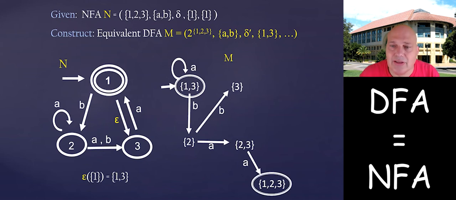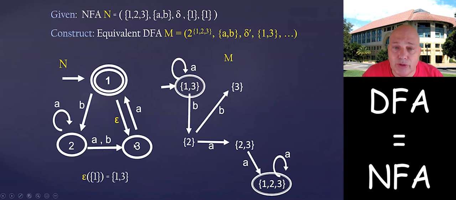Okay. What happens when you take an A transition from {1, 2, 3}? From 2 you can reach itself, you can reach 3, from 3 you can reach 1, and so this is a self loop. So {1, 2, 3} on A is a self loop. How about a B?